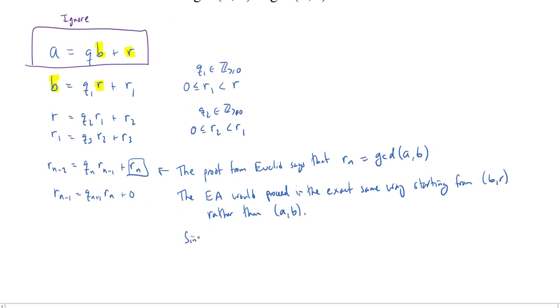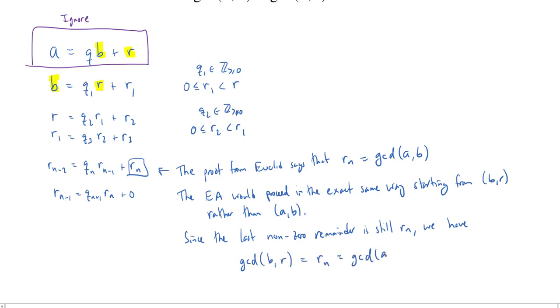Okay, so since the last non-zero remainder is still R sub n, we have that the GCD of B and R is equal to R sub n, which we already knew was the GCD of A and B.